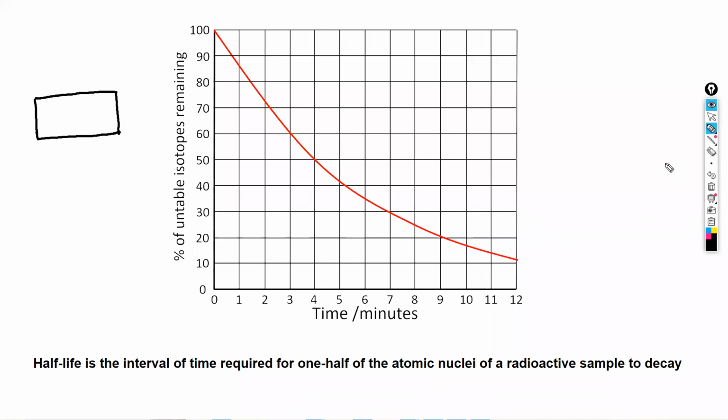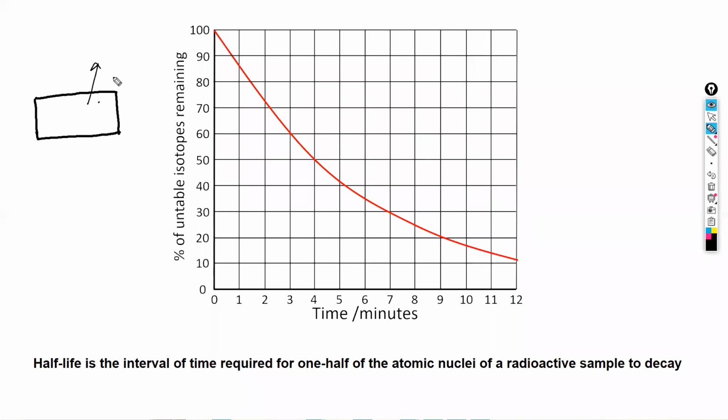Now, if it's radioactive, it means that all the atoms inside the structure are radioactive or unstable. And of course, when an atom is unstable, it will shoot out radiation, whether it be alpha, beta, or gamma.